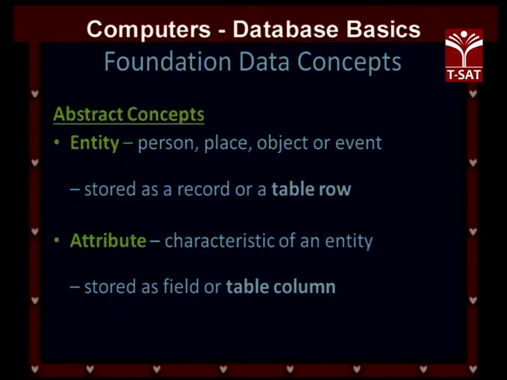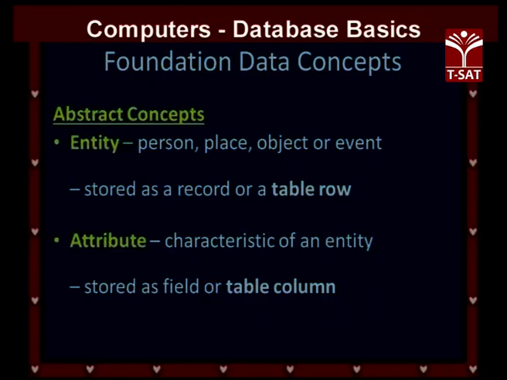Suppose, for example, student is an entity. What is the attribute? The characteristics of the student: student number, student name, student address, student subjects, all of that comes under attribute. So the combination of entity and attribute is nothing but rows and columns, and it forms a table.